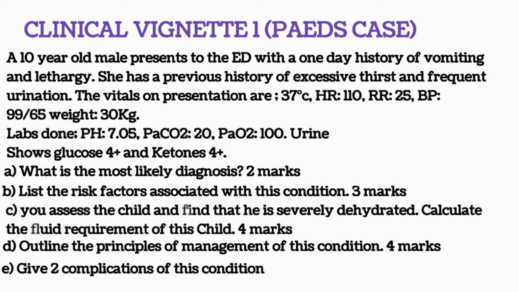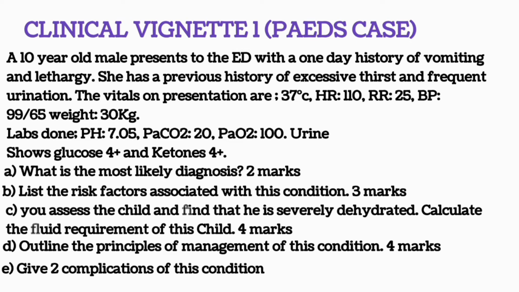Also, the urinalysis is showing glucose 4 plus and ketones 4 plus, which is a typical diabetic ketoacidosis case. So on the diagnosis, we haven't been told whether this patient is a known diabetic or not. So in order to not lose marks, you can say this is just a case of diabetic ketoacidosis.